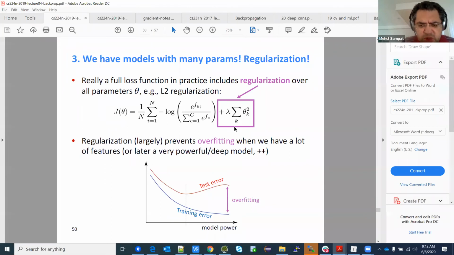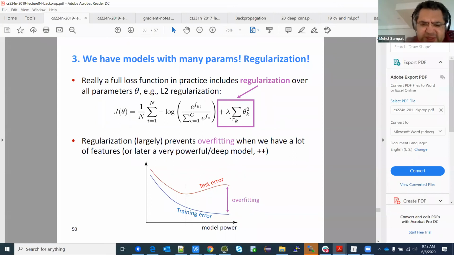One intuitive way of thinking about this is that if your thetas become really large, say 10,000 each, this J of theta will blow up, because of this summation you get a very large sum. So you want to minimize the loss and not allow your parameters to get too big.